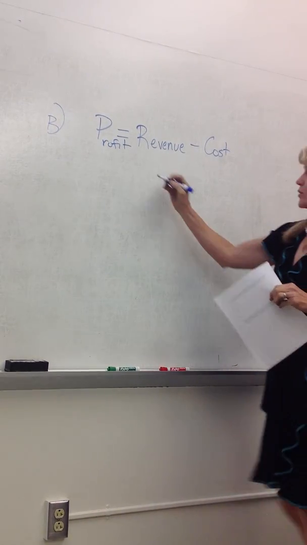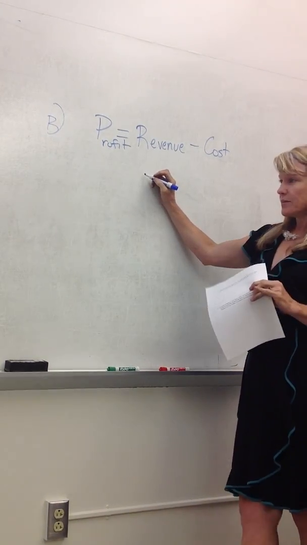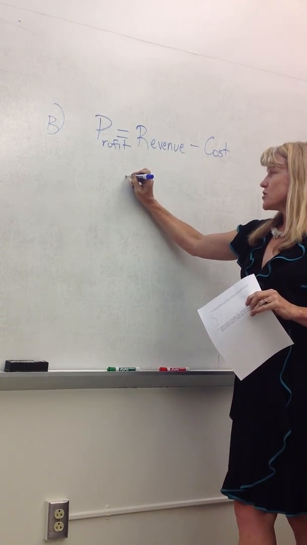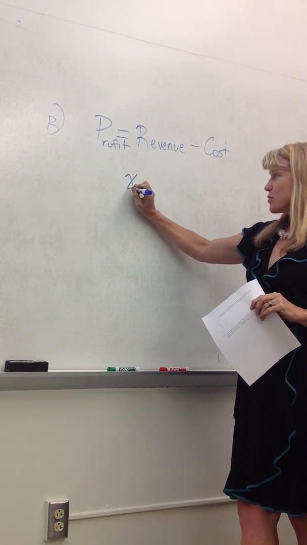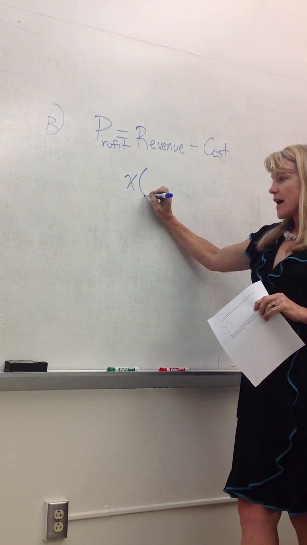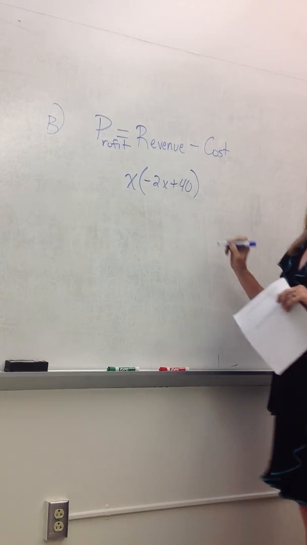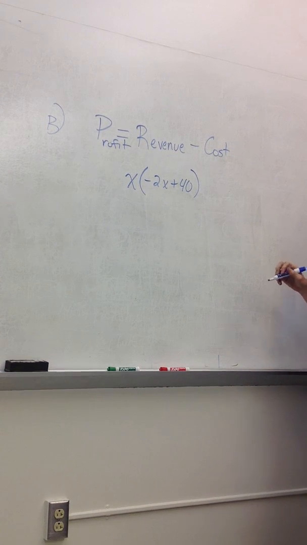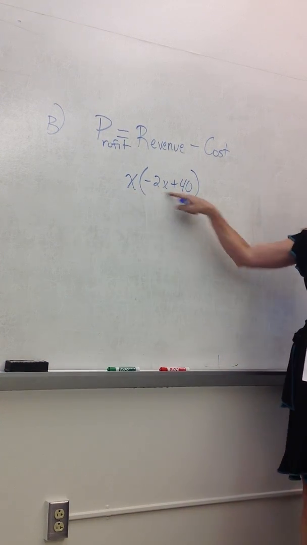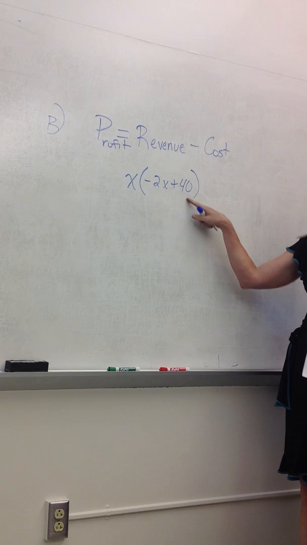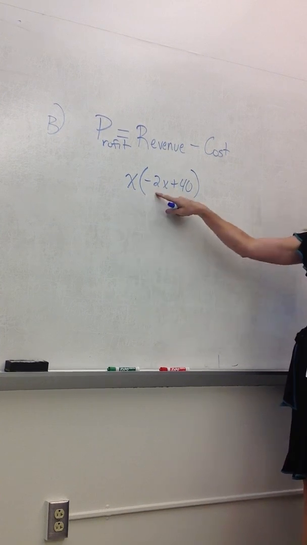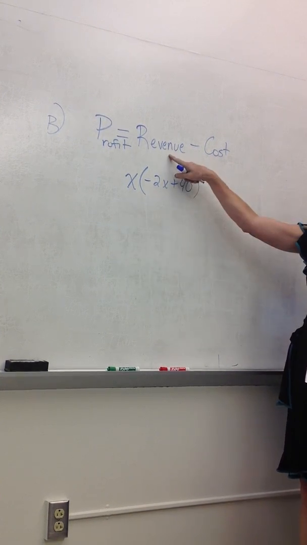And revenue is money you take in. So he's charging x dollars per necklace, and he's selling -2x plus 40 necklaces. This is his price. This is how many he's selling. So price times how many he's selling gives me revenue.